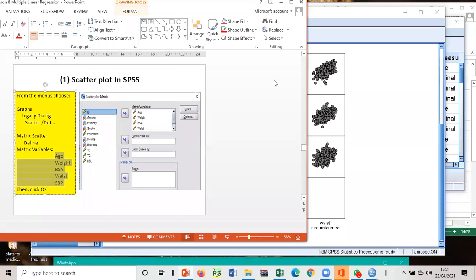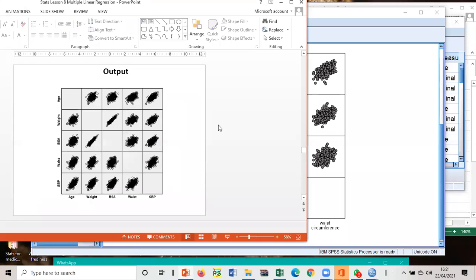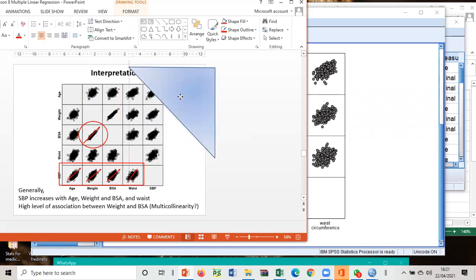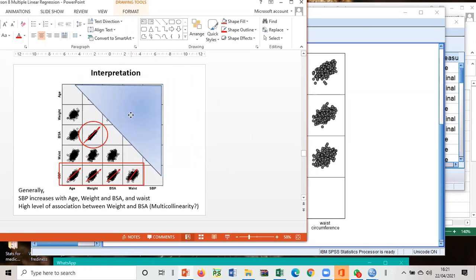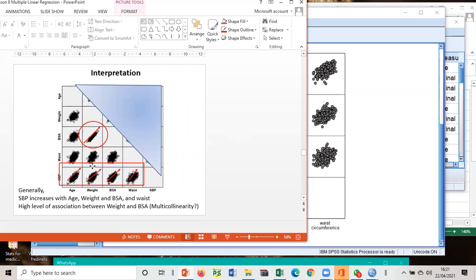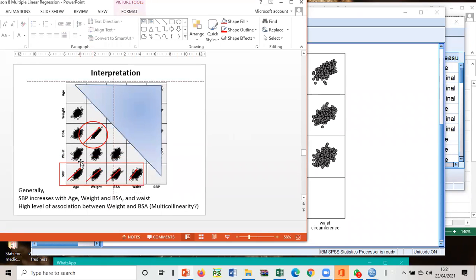Right, go to the plot here. Now this plot has a mirror image. Lower end is the same as this end, so just looking at one side is enough. Look at the last row. In the last row, what's the vertical axis?